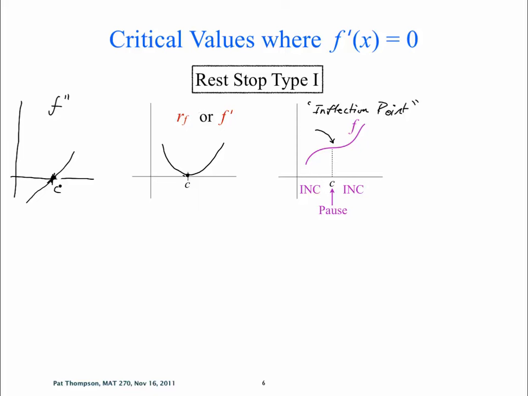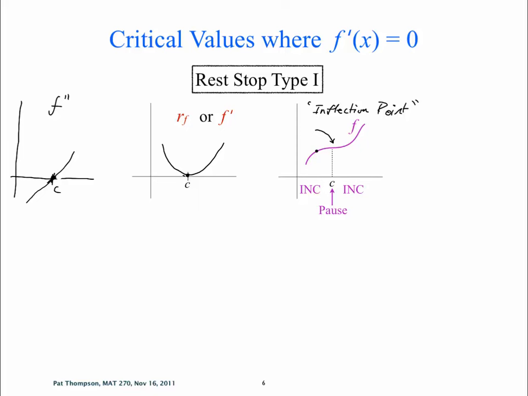If the second derivative is 0, that means our first derivative does what? Pauses, right? Whenever a function's derivative is 0, that means that function is pausing. So the rate pauses for a moment. If the rate pauses for a moment, then it's kind of like the rate stops changing for a moment.